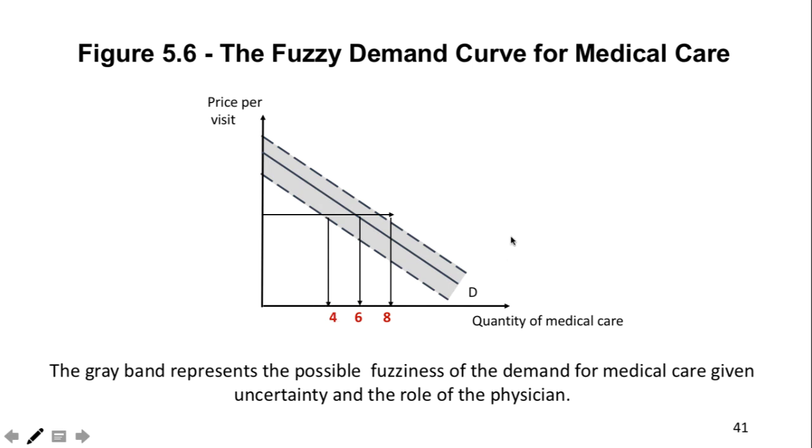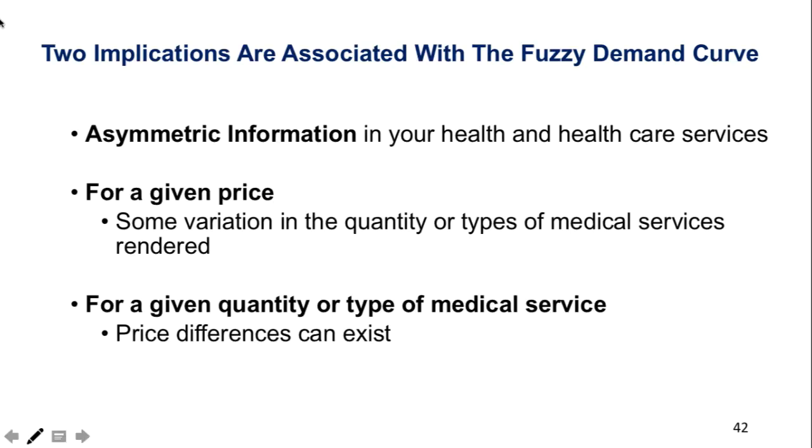So we have uncertainty in medical care, and there are two implications associated with the fuzzy demand curve. We are dealing with asymmetric information in health and healthcare services.